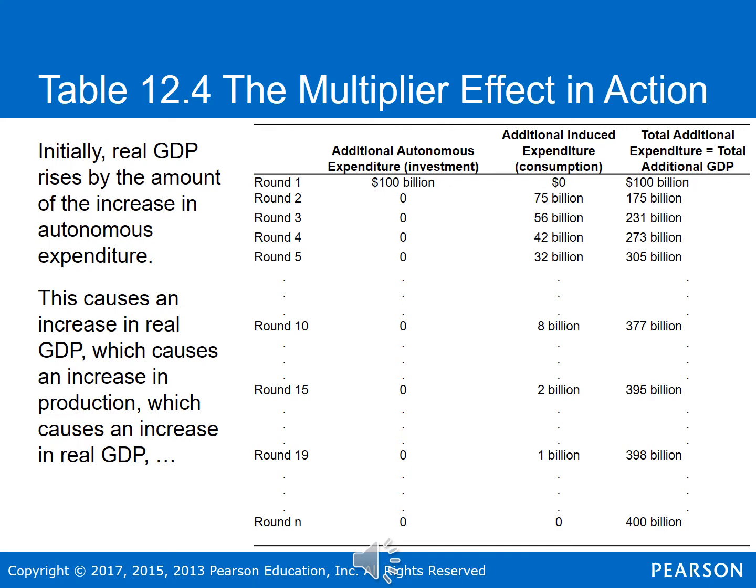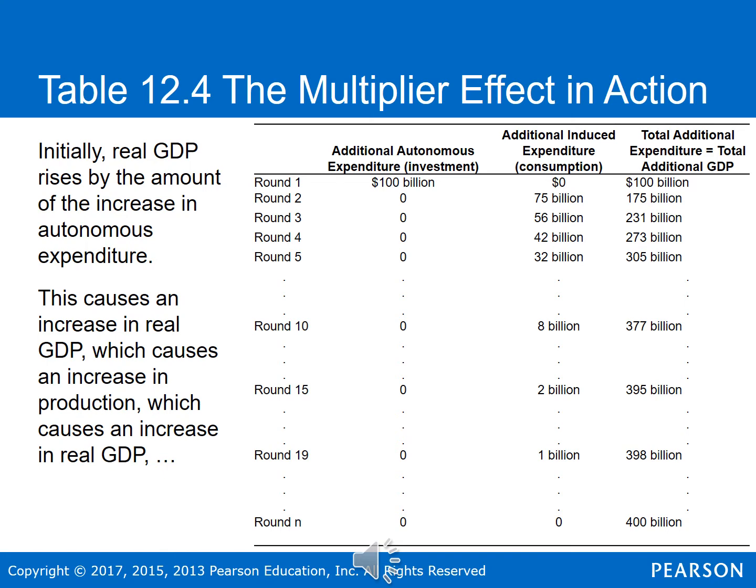Let's say the marginal propensity to consume for these individuals is 0.75. So if we've increased national income by $100 billion, 75% of that is going to be additional spending. So $75 billion is going to be increased consumption spending.